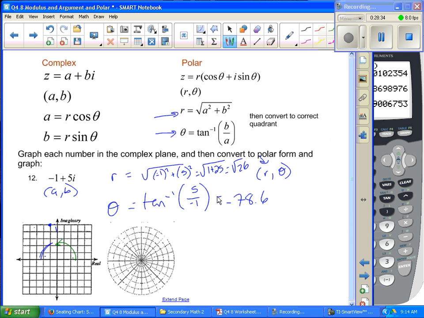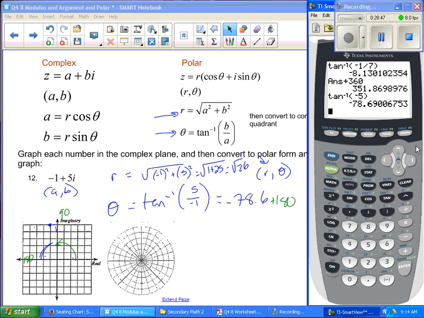So what would I do? I need an angle between 90 degrees and 180 degrees. So add 180 to that, because I can just add 180 since the angle was already negative to begin with.